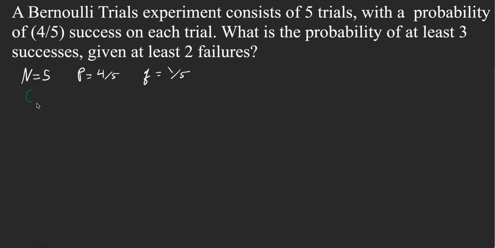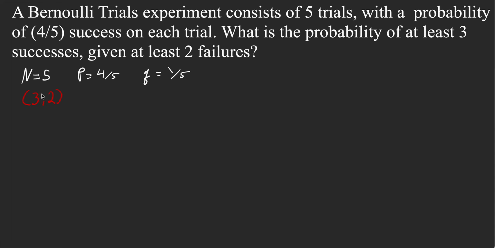At least 3 successes given at least 2 failures. So 3 successes and 2 failures out of 5. Well, that adds up to 5, so that makes sense. We can't do 4 successes because we are guaranteed it's at least 2 failures.